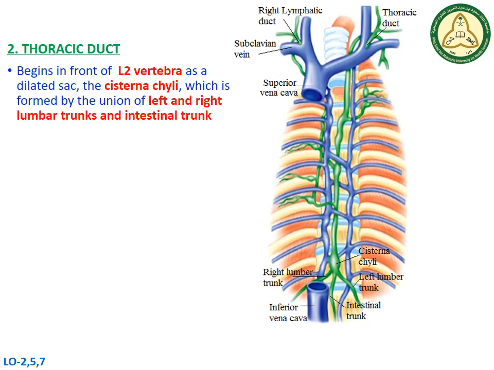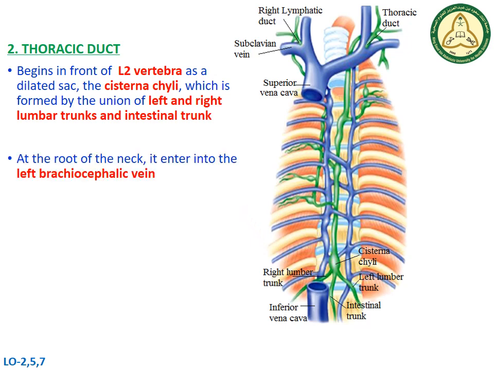The thoracic duct begins in front of the L2 vertebra, in the lumbar region of the abdomen, as a dilated sac, the cisterna chyli. The cisterna chyli is the dilated sac formed by the union of the left and right lumbar trunks and the intestinal trunk, which comes from the small intestine.